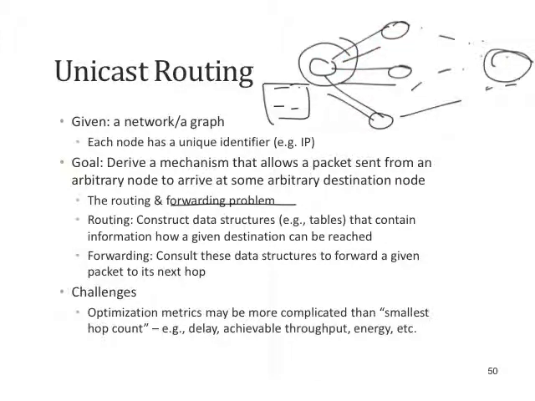If you want to get to another destination here, then you have to possibly go this way, and so on. So this is routing, forwarding, and how we perform routing through a routing table or a data structure that stores the destinations and the next hop. So the forwarding process is done by consulting these data structures.